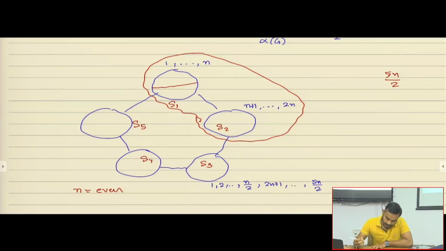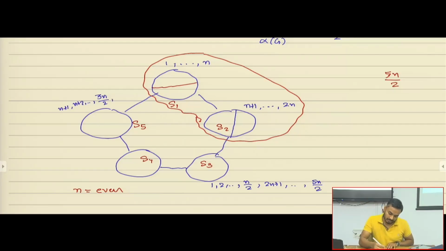And now what about S5? Again in S5 we can do similarly. We can take half colors from this set. So how we will do? We will assign S5 as n plus 1 and n plus 2 and so on up to n plus n by 2, that is 3n by 2.